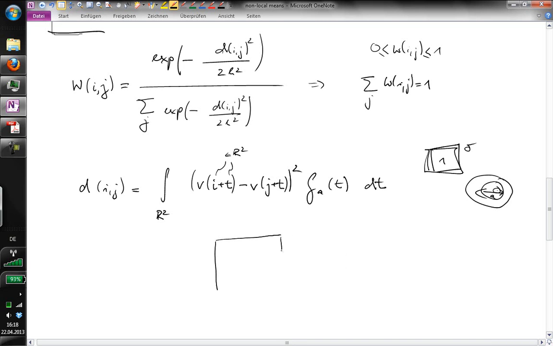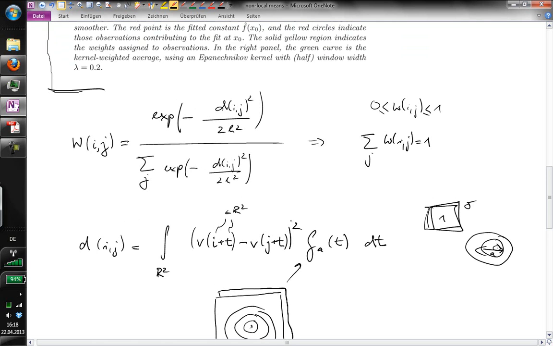Let's say there are 2 patches that I want to compare. So I have accounted for the shift that lies between these 2 patches. And now one possibility is to sum up the squared gray value distances for all pixels. And the alternative is to say, I want to give a higher weight in the center than at the periphery. And this is what I try to indicate with these equi-contour lines of the Gaussian. So this is what that Gaussian here is used for.